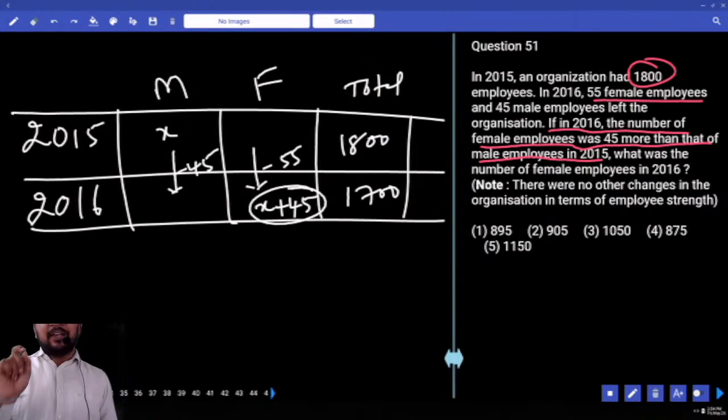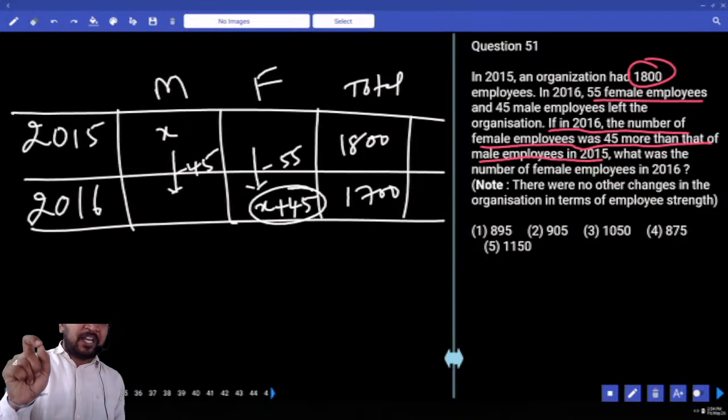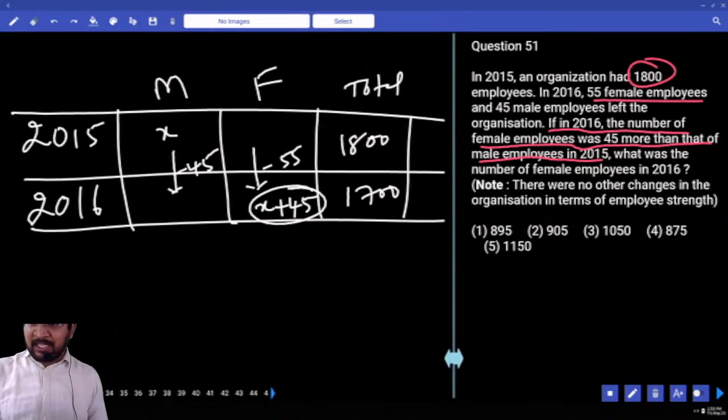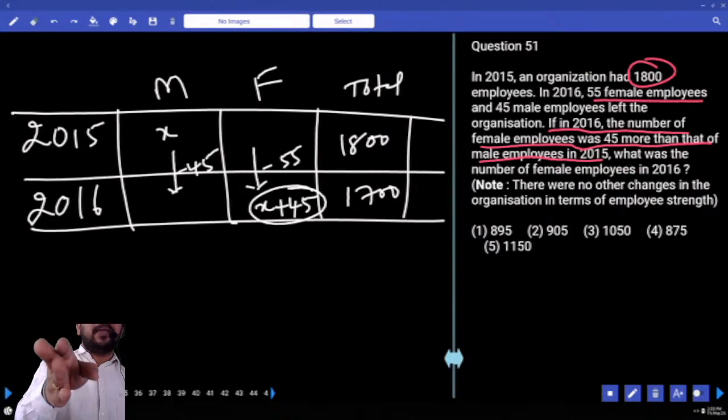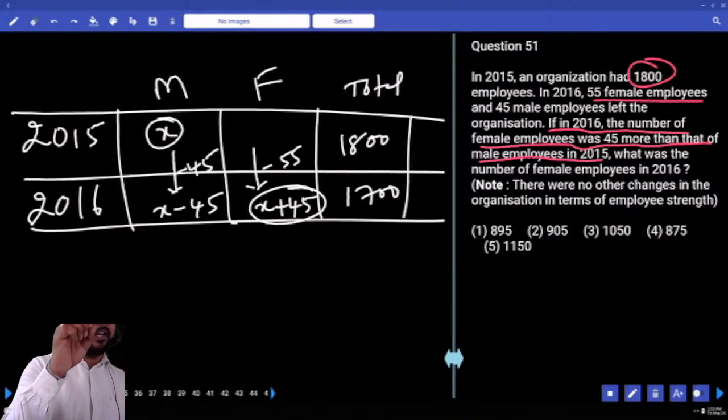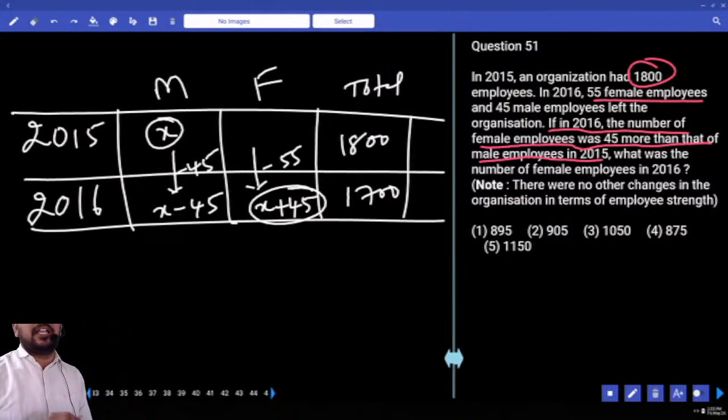In 2015 the number of males is X. In 2016 the number of females is 45 more than the number of males in 2015. Now the males in 2016 is reduced by 45, so this becomes X minus 45. Are you clear?